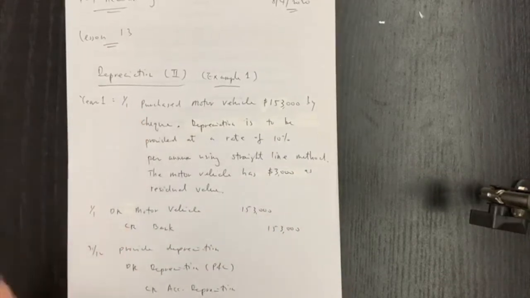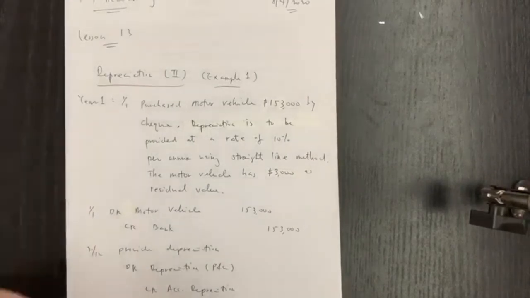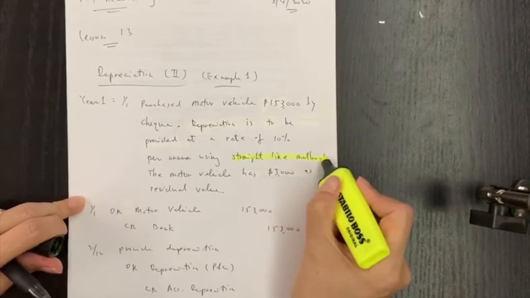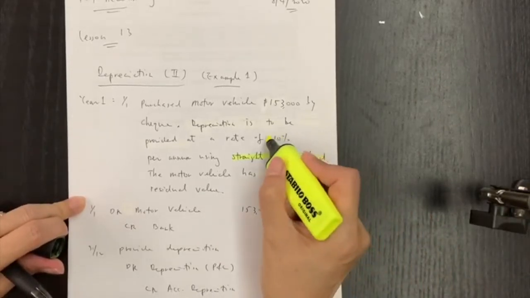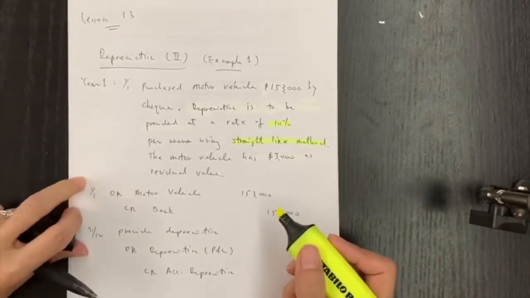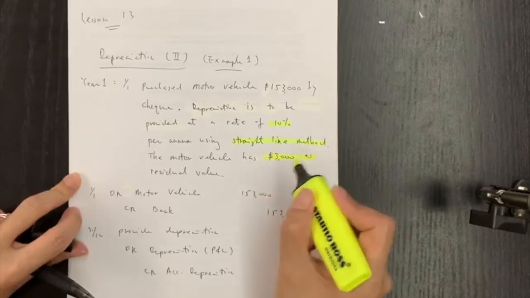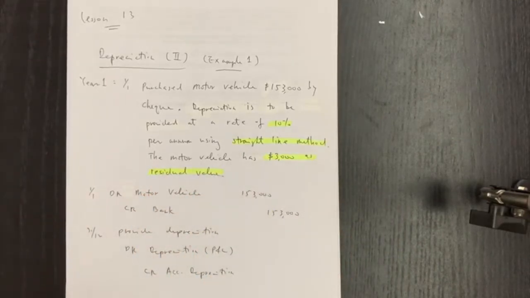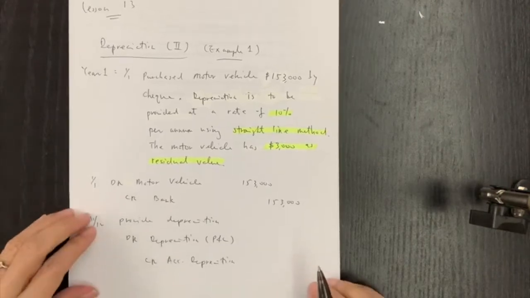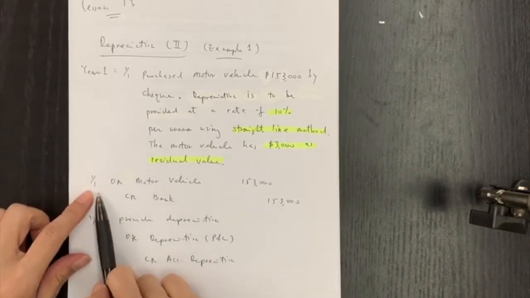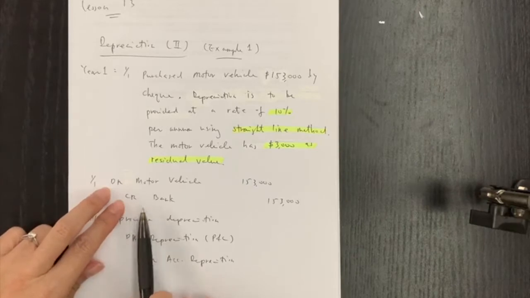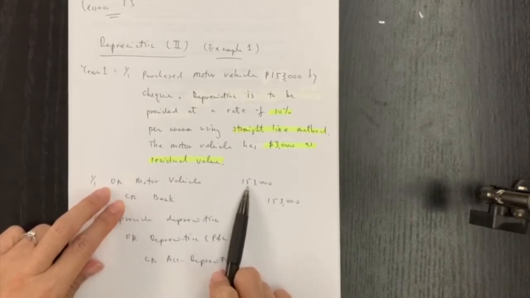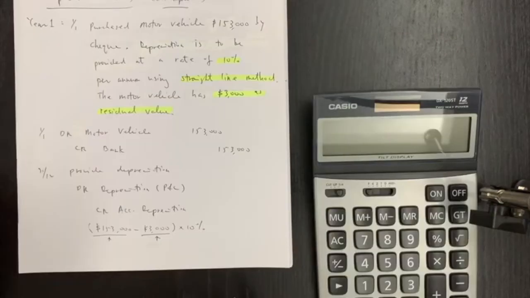Today's method for depreciation is the straight line method at the rate of 10%, and we also have 3,000 as the residual value. On 1st of January, we have this double entry showing we pay the money to buy the motor vehicle, and 153,000 is the cost.